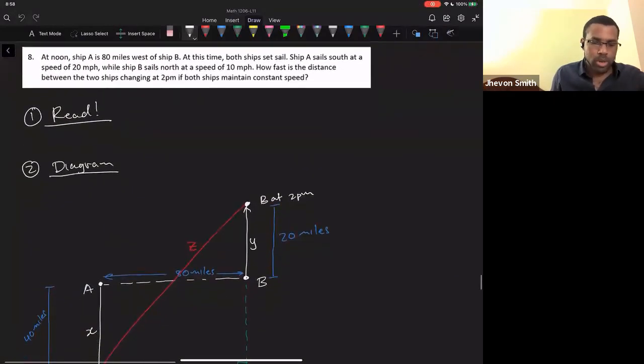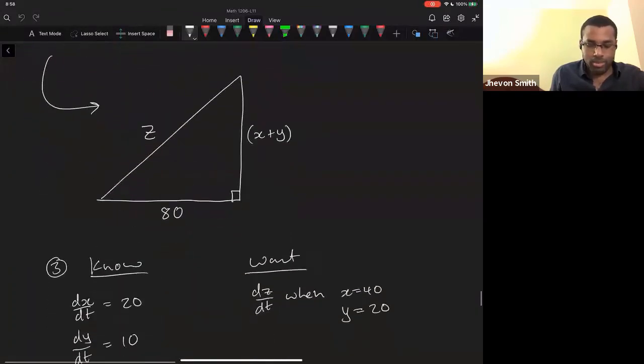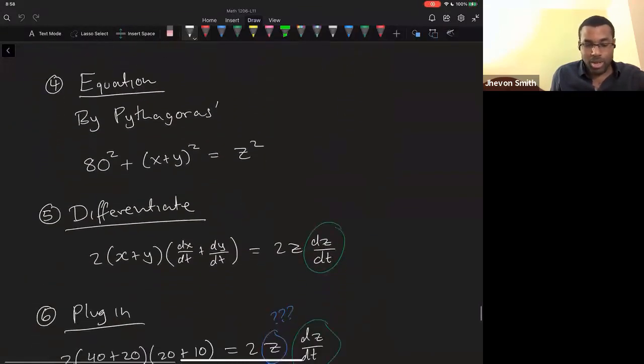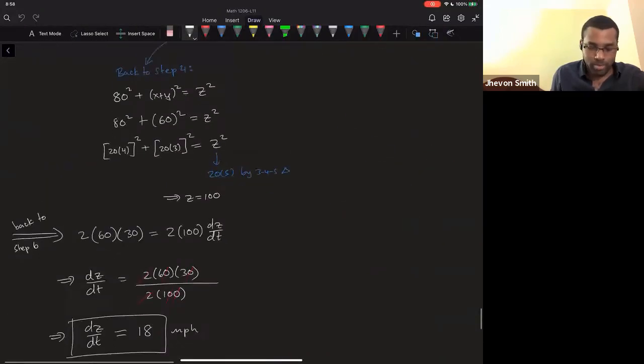Okay, so that was problem 8. Read the diagram. This diagram is kind of tricky. Well, you know what you want: equation, differentiate, all that good stuff. A 3, 4, 5 triangle comes up again.